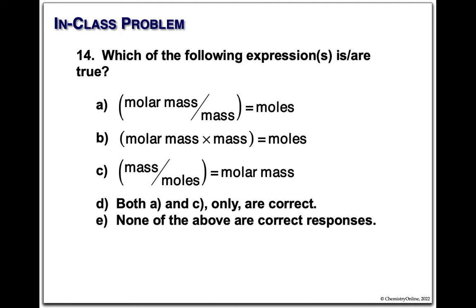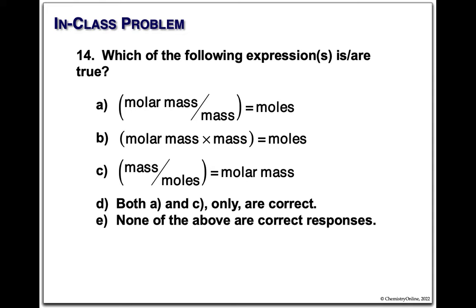All right. Which expressions are true? Molar mass divided by mass is moles. Well, that sounds familiar, but it's not quite right, is it? It's mass divided by molar mass that gives us moles. So that's not good. If we take molar mass, that's grams per mole multiplied by grams, do we get moles?